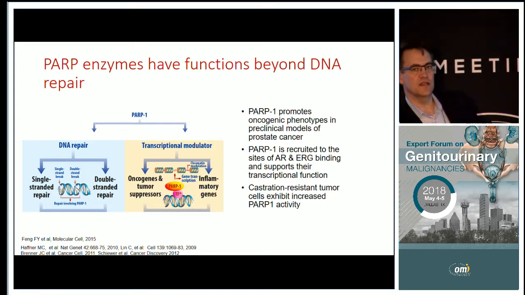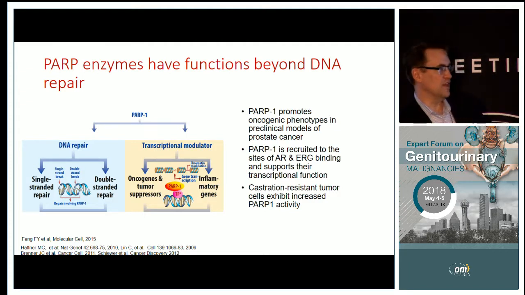There's actually a better story by saying that AR helps enable DNA repair. It's not so much that PARP helps AR, they're cooperative in a way. But as we think about castration-resistant prostate cancer, it is important to know that castration-resistant prostate cancer has increased PARP activity even in a non-BRCA setting.